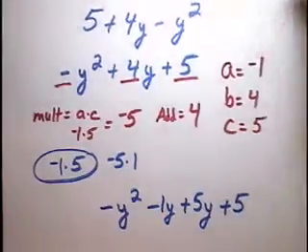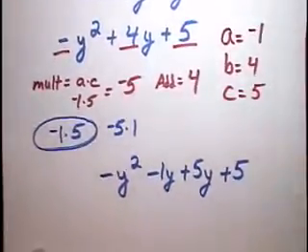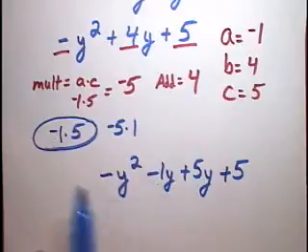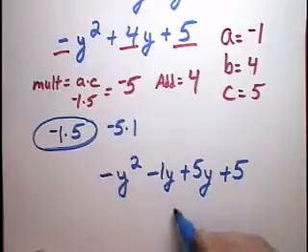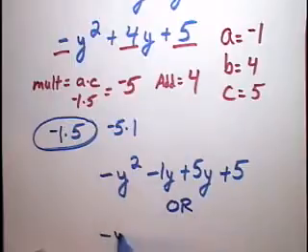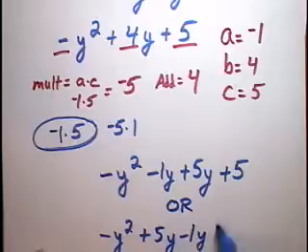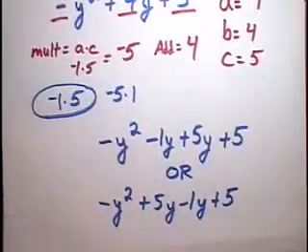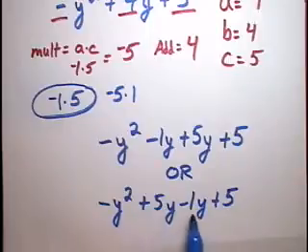Now what I want to show you is that someone could have solved this problem, and instead of writing -1 first and the 5 second, they could have very easily found the positive 5 first and then the -1. Are those the same thing? Sure, because the plus 5y minus 1y would still combine to give me 4y.